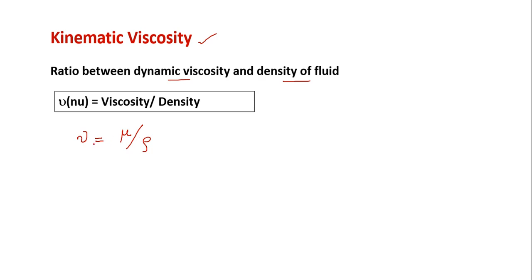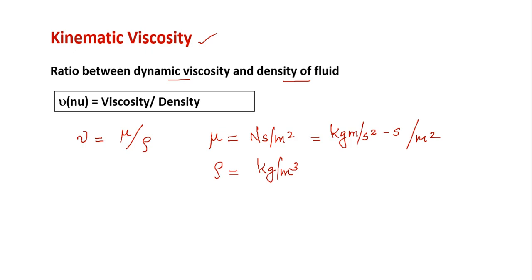Now we will see the unit of kinematic viscosity or nu. We know that unit of dynamic viscosity is Newton second per meter square. And this Newton we can express as kilogram meter per second square into second per meter square. And the unit of density rho is kilogram per meter cube.